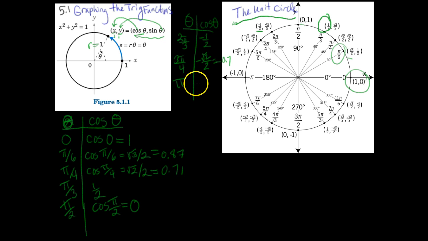So pi would be negative 1. 5 pi over 4 would be negative root 2 over 2 again, which is negative 0.7. 3 pi over 2. I'm not doing the thirds anymore, but you get the picture. You could include the thirds. It is 0. And then we've got 7 pi over 4 is root 2 over 2, which is approximately 0.7 again.